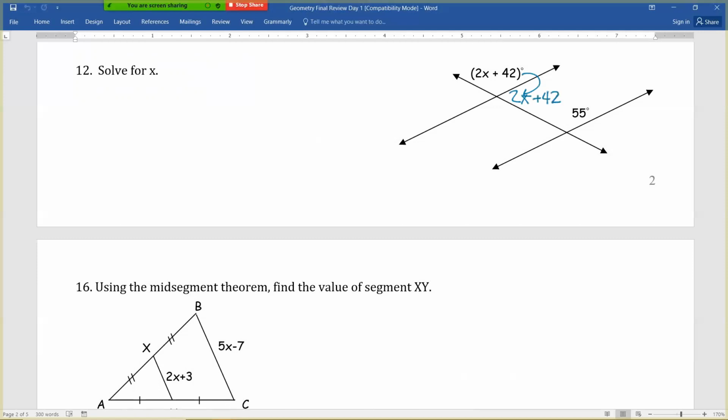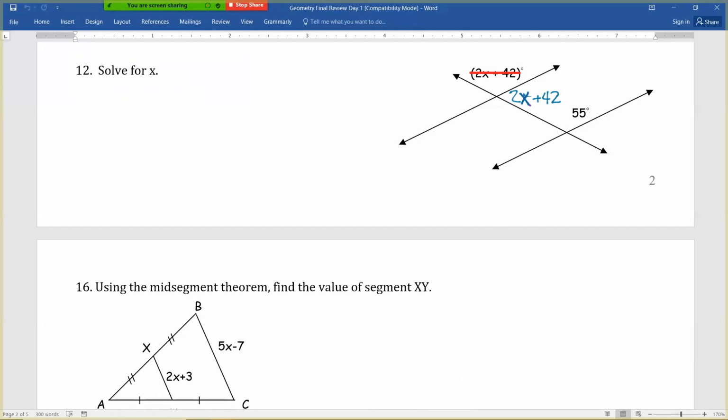Not sure how it got moved, but it did. So the 2x plus 42 is not supposed to be up here. It's supposed to be down there. I'll have to fix that.